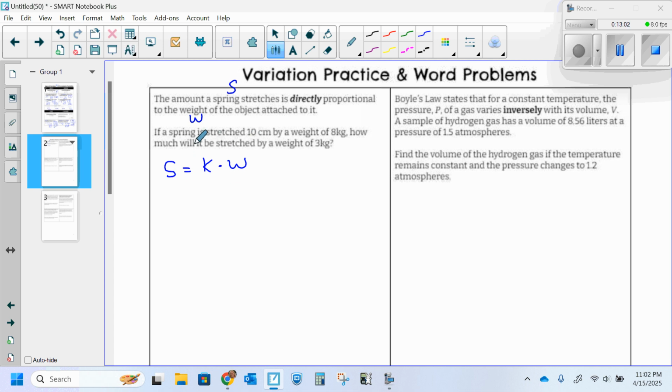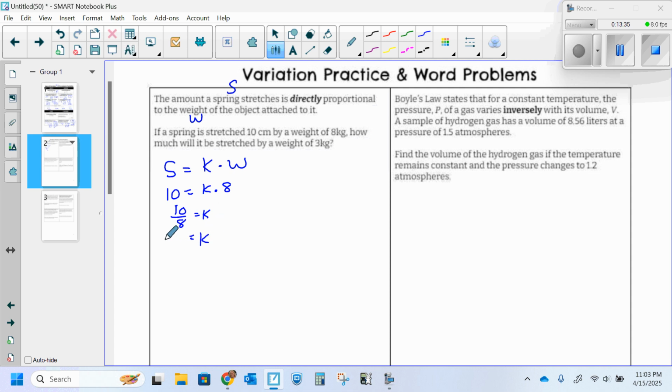If a spring is stretched by 10 centimeters by a weight of 8 kilograms, how much will it be stretched by a weight of 3 kilograms? So we got to find the constant of variation that relates these two. Let's try to use fractions when we can. If it doesn't come out nicely, we'll use decimals. All right, so 10 over 8 equals k. Actually, I'm going to take that back.